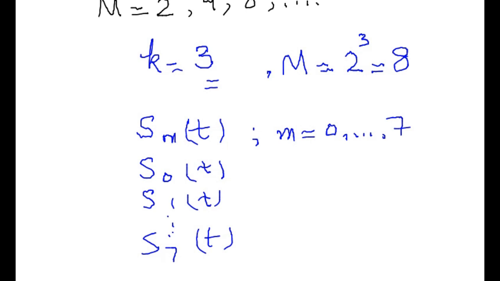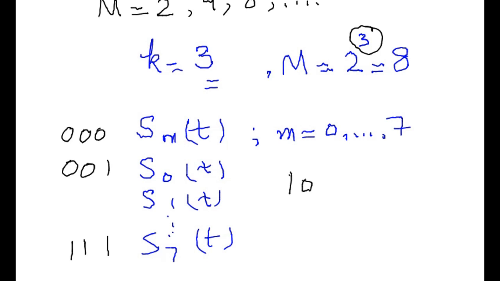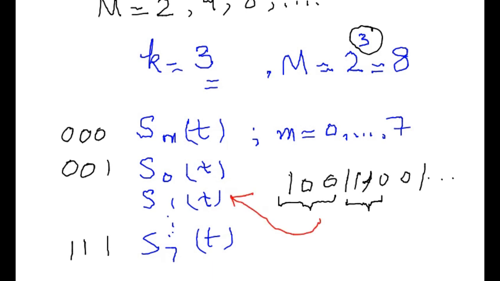These are 8 unique symbols, and each symbol is now capable of carrying 3 bits. So suppose this is for all zeros, 0, 0, 1 and 1, 1, 1. We can group our sequence in groups of 3 bits, and the modulator would assign some symbol to each group.